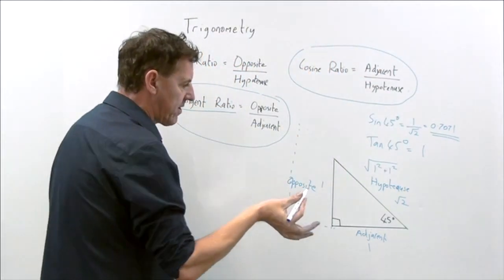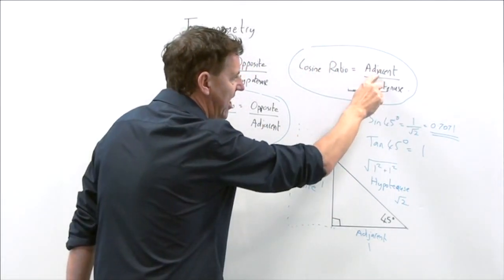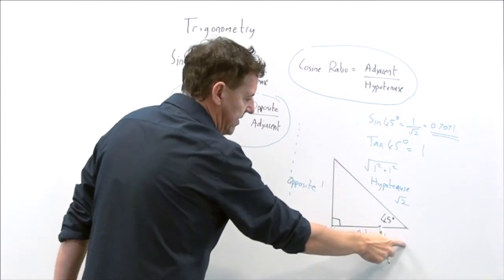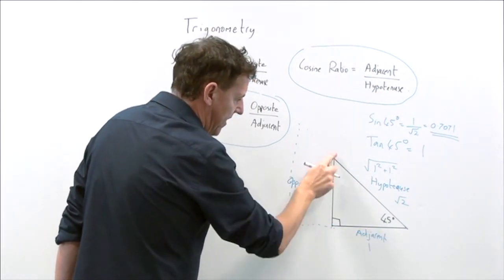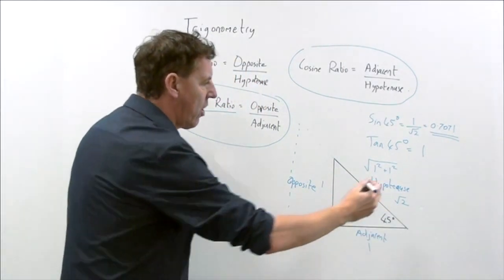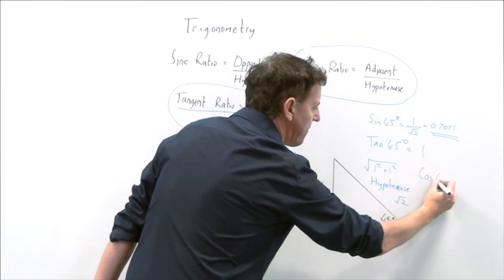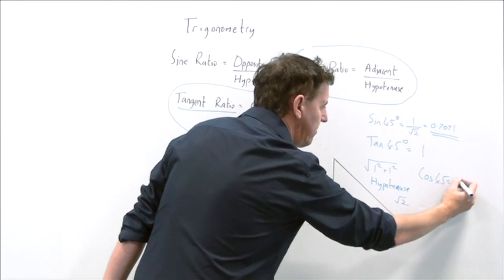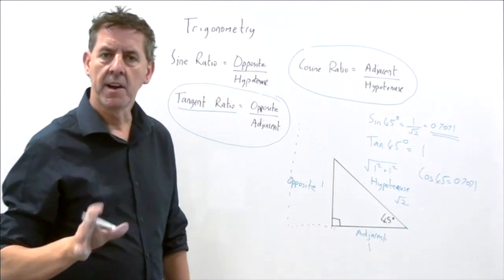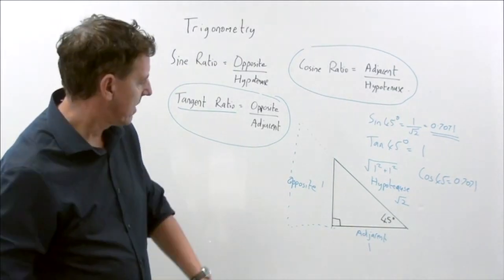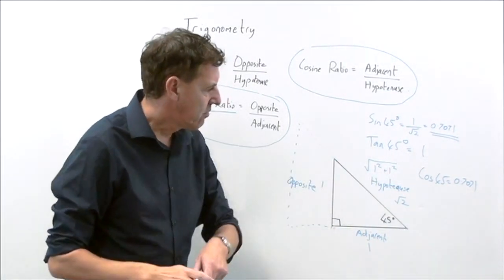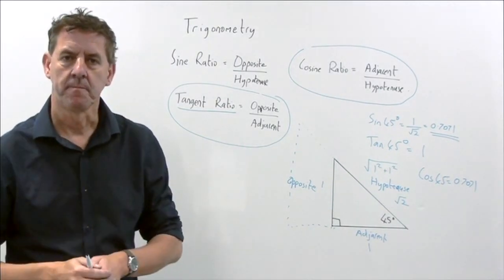If we look at the cosine ratio, it says to do the adjacent side divided by the hypotenuse side. There's the adjacent side, which is 1. There's the hypotenuse side, which is square root 2. So if you notice, the cosine of 45 degrees is also 0.7071. 1 divided by the square root of 2 comes to 0.7071.